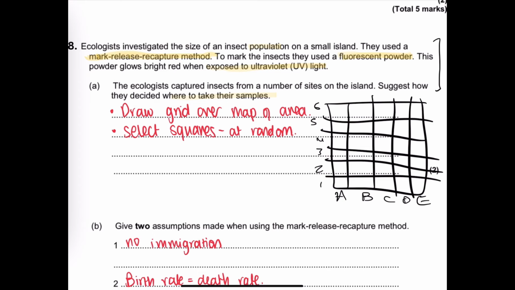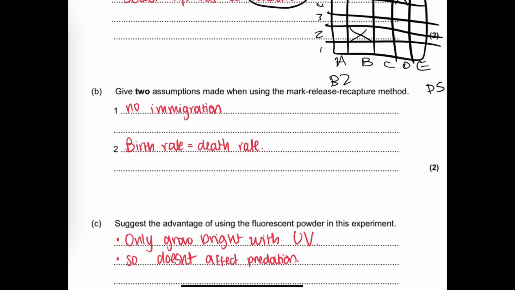And at random, the most important part is that it's random so that it's not biased and there's less likelihood of anomalies happening. You take a coordinate, so let's say B2, and then take another one, like D5. You'll take that sample over there.